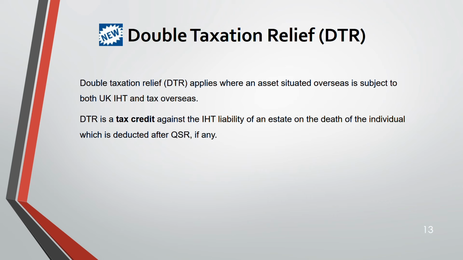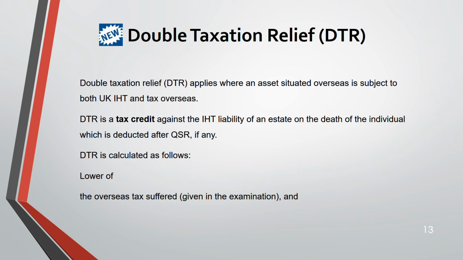So when an individual is dying, after you deduct the quick succession relief, we have seen previously how it is done, you deduct DTR. DTR is the lower of overseas tax suffered and your UK IHT payable on the overseas asset. Overseas tax suffered will be given in your exam, so you don't have to worry about it.